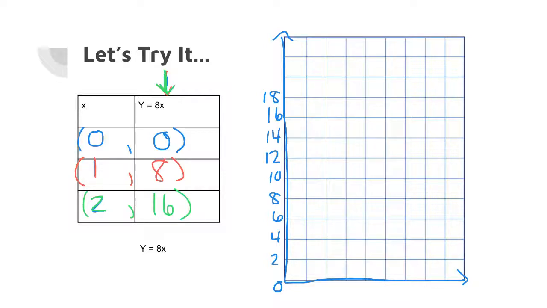And I think I'm going to count by 1s going across: 1, 2, 3, 4, and 5. Okay. So 0, 0, my blue dot is going to be right here. My red dot over 1, up 8. And my green dot over 2, up 16. And then I can just connect my dots.